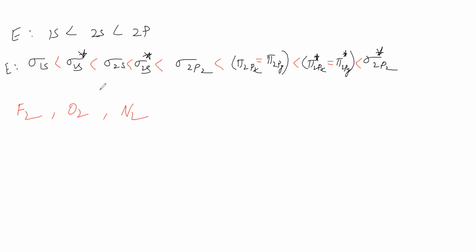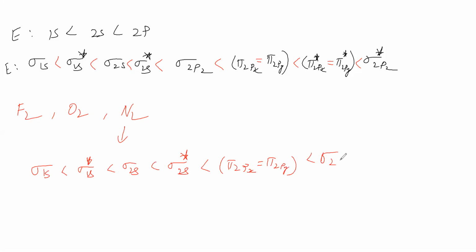For N2, we will see: sigma 1s less than sigma star 1s less than sigma 2s less than sigma star 2s less than pi 2px equal to pi 2py less than sigma 2pz less than pi star 2px equal to pi star 2py less than sigma star 2pz.